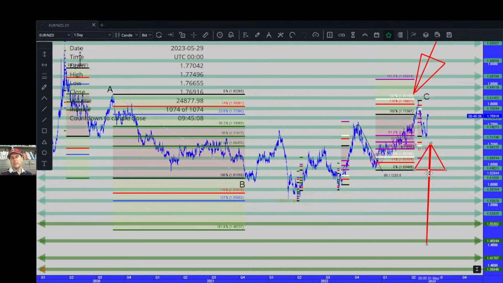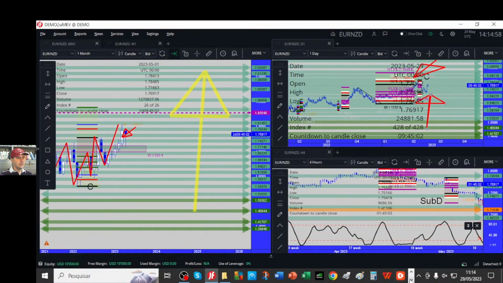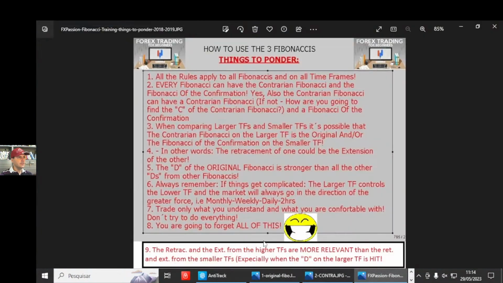In the next weeks, one is going to win, the other one is going to lose. Alright? In other words, the retracement of one could be the extension of the other. Isn't the retracement on the daily the extension on the monthly and the weekly?